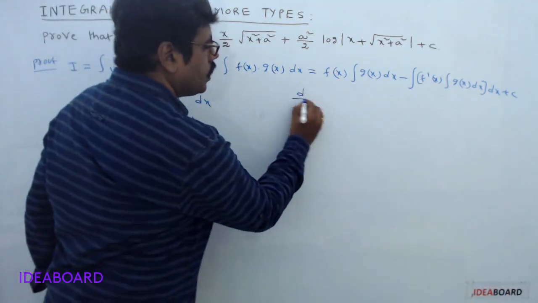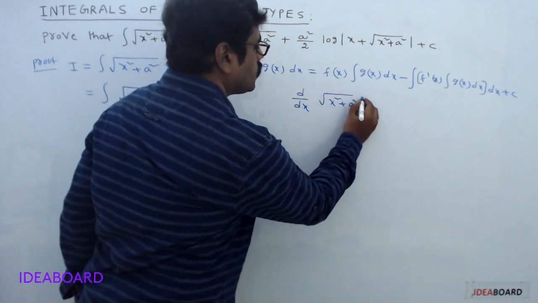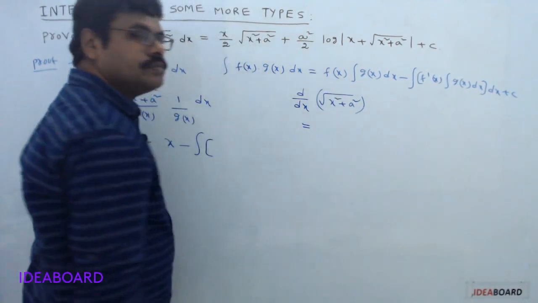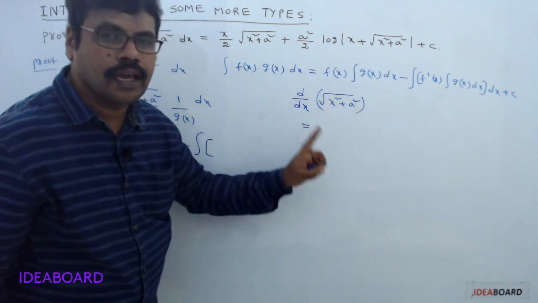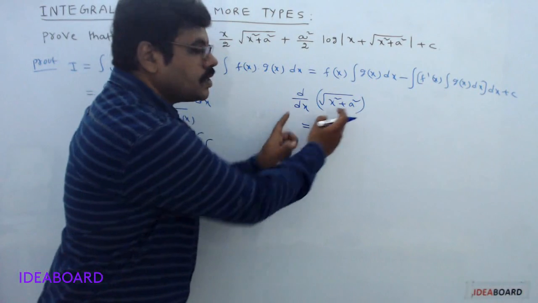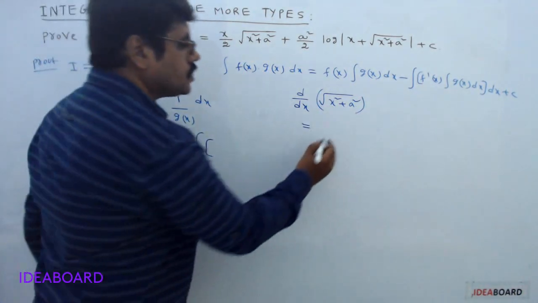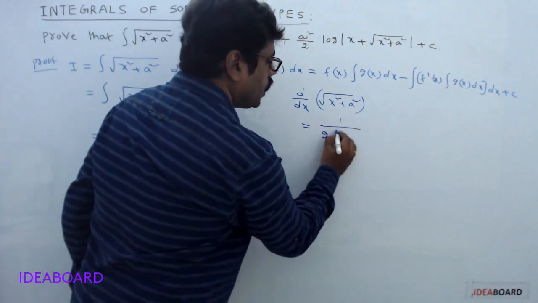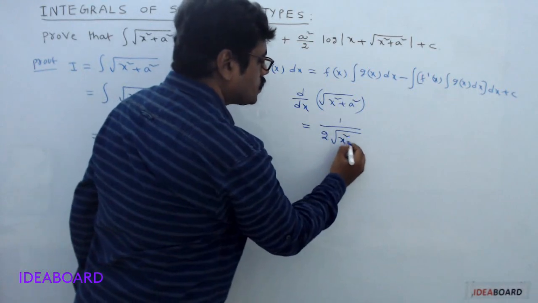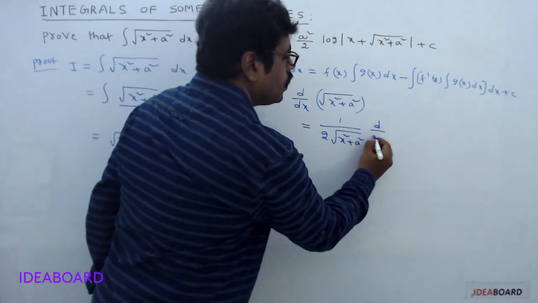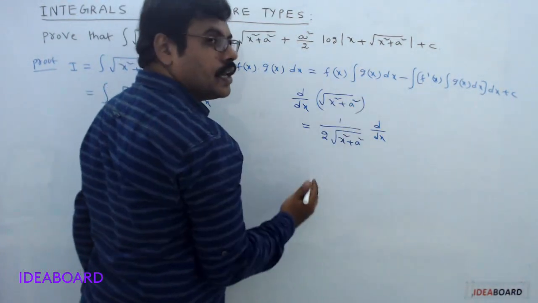Now consider x square plus a square as a variable X. Then this term is of the form derivative of root X. The derivative of root X is 1 by 2 root X, into derivative of X. Here X is nothing but x square plus a square.